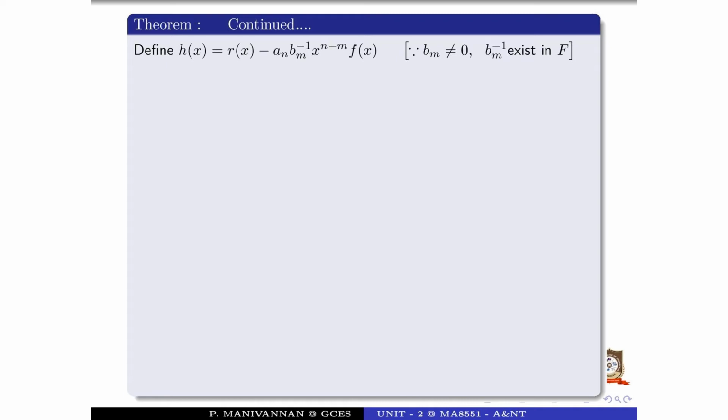Define h of x equal to R of x minus a_n b_m power minus 1 into x power n minus m into f of x. Here R of x is what? From the previous statement, this is R of x, and f of x is this.